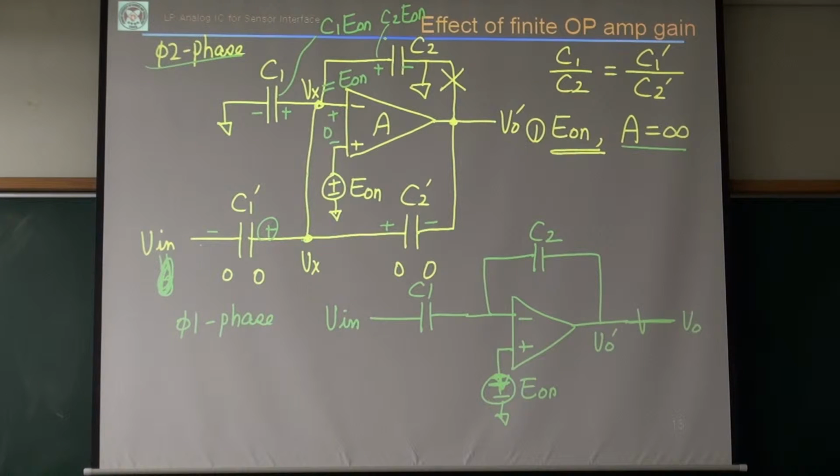So initially, at the start of phi1, the charge here was C1 Eon. The charge there was C2 Eon. Now there is a negative charge there.